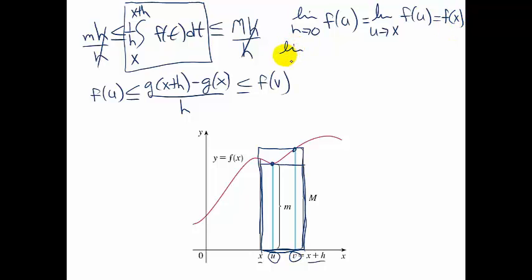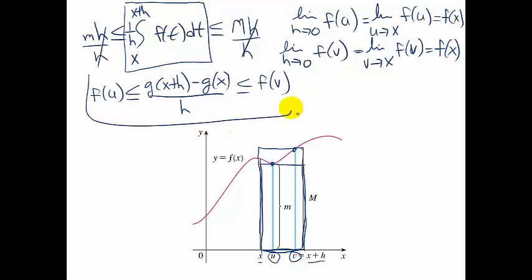Let's now look at the limit as h approaches 0 of f of v. As h is approaching 0, we see that v is also going to approach x. So that's going to be the limit as v approaches x of f of v, and so that's also going to equal f of x.